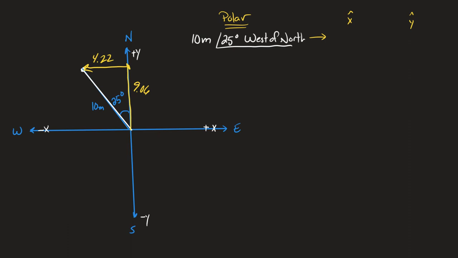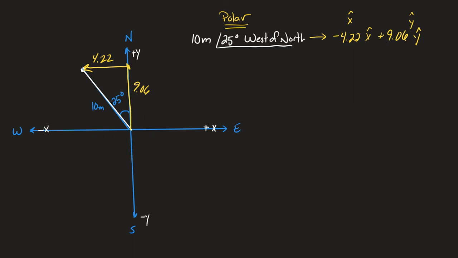The way I'd like you to write that is negative 4.22 x hat plus 9.06 y hat. The x with the little hat on it says 4.22 in the x direction, and the y with the little hat means in the y direction.